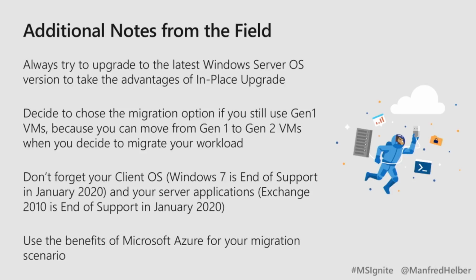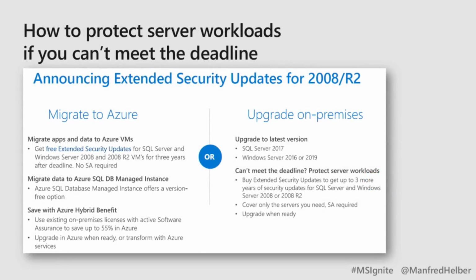And in some scenarios, it can be an advantage to use the opportunities you have on Microsoft Azure, because Microsoft has announced that when you migrate your workload to Microsoft Azure, you will get extended support for 3 additional years. The extended security updates you can have on premises with an additional agreement with Microsoft.